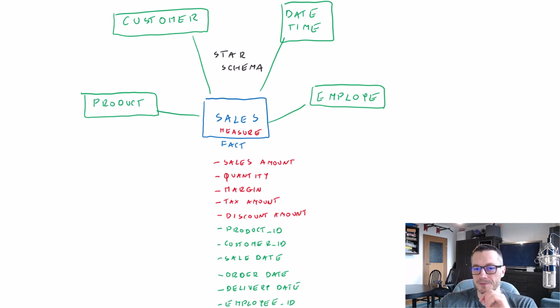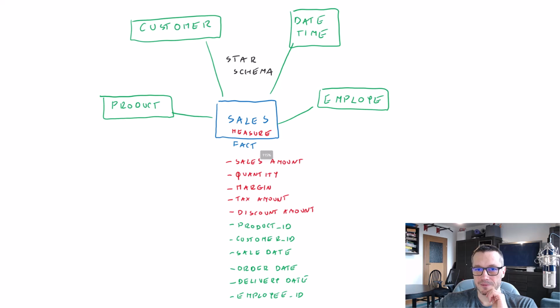All right, so this was one example of the model. And by the way, take note of how it differs from the model that you might find in OLTP solutions. So first of all, it is denormalized.